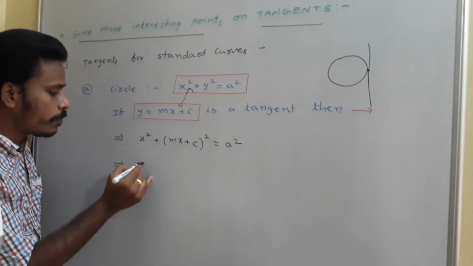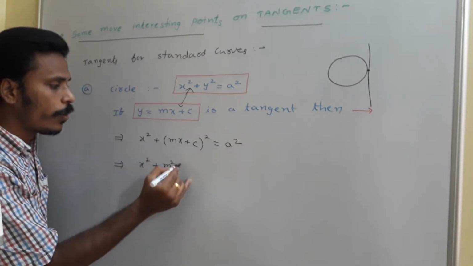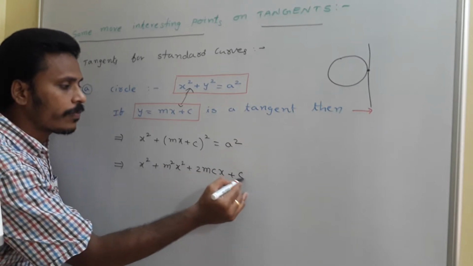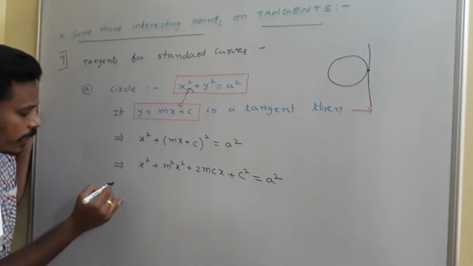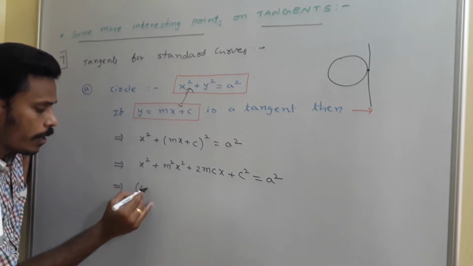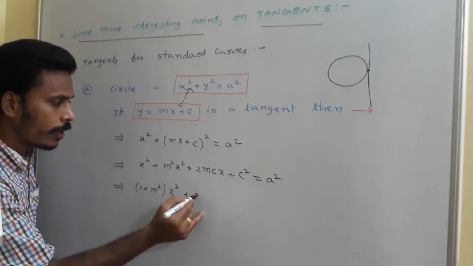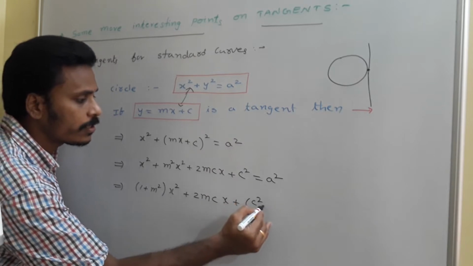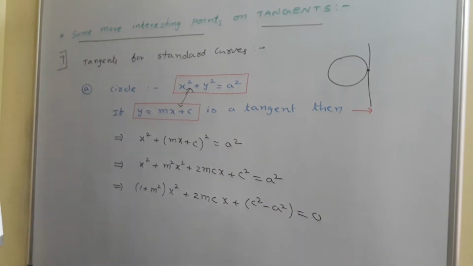So x square plus mx plus c whole square is m square x square plus 2mcx plus c square is equals to a square, and that implies 1 plus m square into x square plus 2mcx plus c square minus a square is equals to 0. I have a quadratic in terms of x.